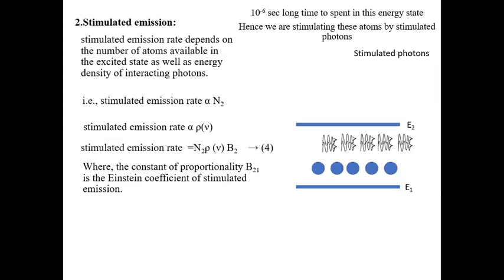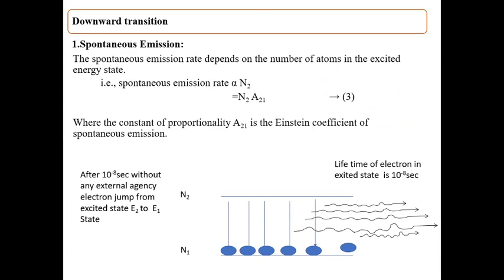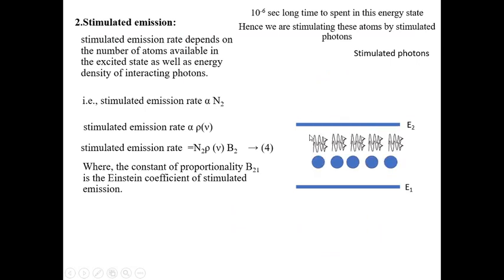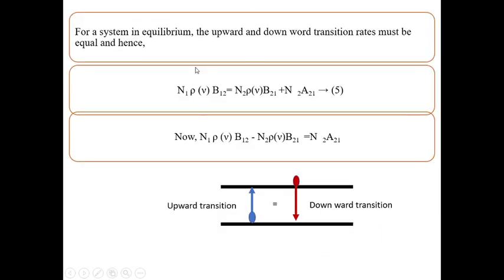You can see the spontaneous emission equation in the last slide. So N2 A21 is the spontaneous emission equation. So like this we can write upward transition absorption equals downward transition stimulated emission plus downward transition spontaneous emission. Equation number 5.